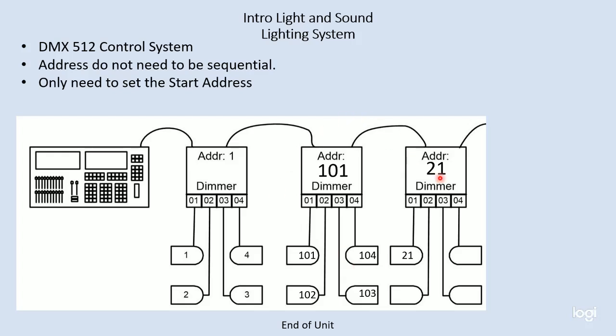And then our last dimmer pack at 21: 21, 22, 23, and 24. We only need the starting address. It doesn't need to be sequential, and we don't need to use every address on the path. We can assign whatever we want in whatever order we want along our DMX path. And we'll be back and talk more about DMX.